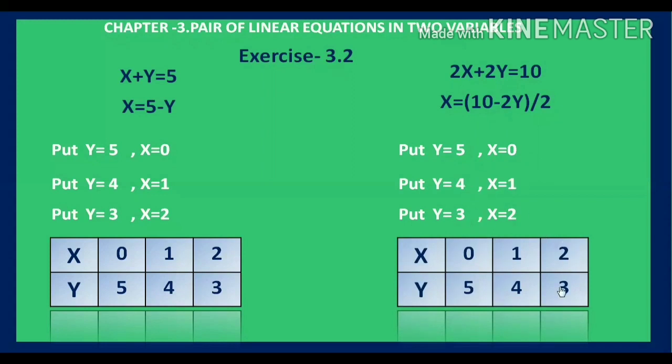If you compare, we get the same points, both sets of points are equal, because in the condition a1 upon a2, b1 upon b2 and c1 upon c2 all three are equal, we always get a coincident line, so the points will be the same. Now we plot these points on a graph.